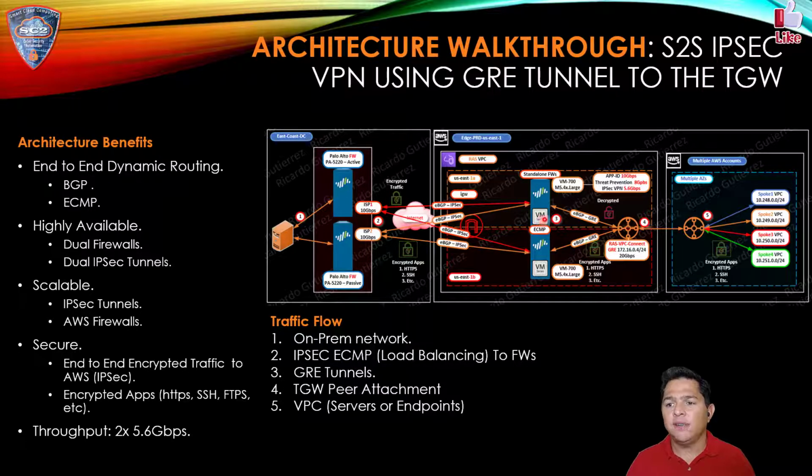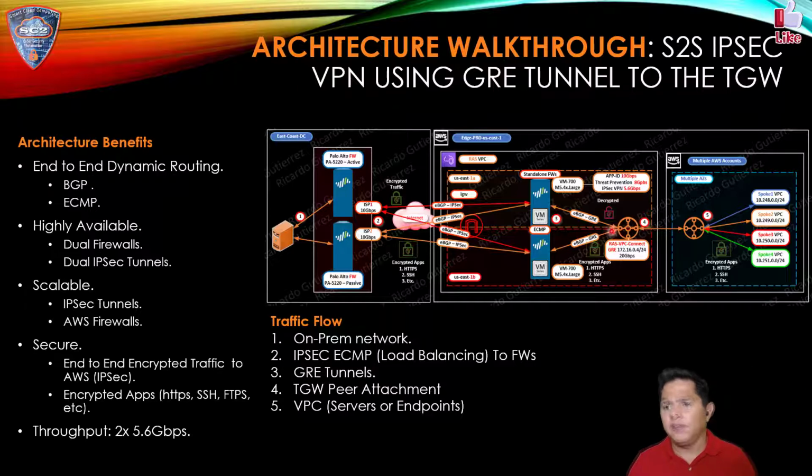So on this firewall we have one GRE tunnel which provides up to 20 gigabits of throughput, but since the firewall provides only 5.6 gigabits of throughput using IPsec tunnel, that'll be your bottleneck right there, but still 5.6 is very good. And this can be used as a temporary connection or a backup connection if you have a Direct Connect gateway.